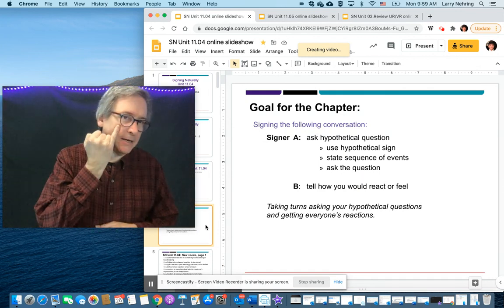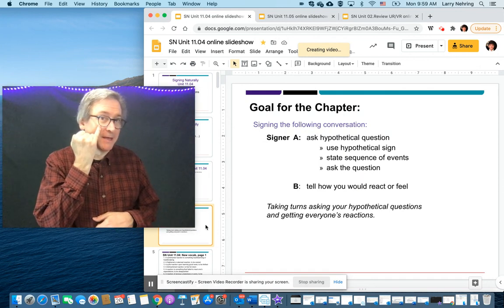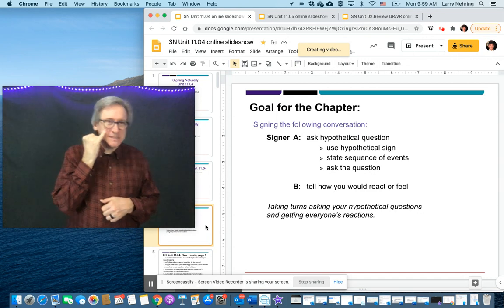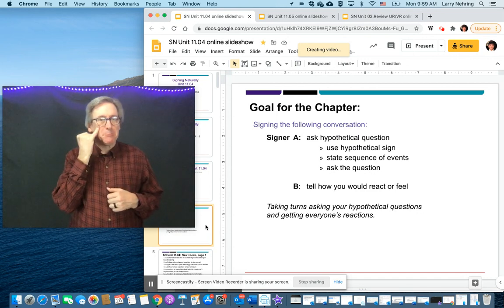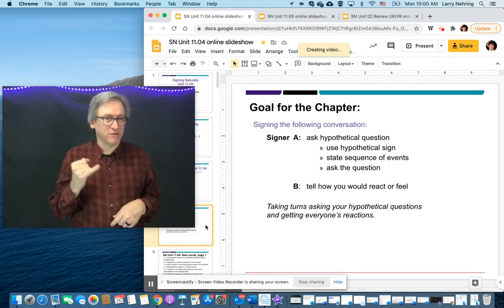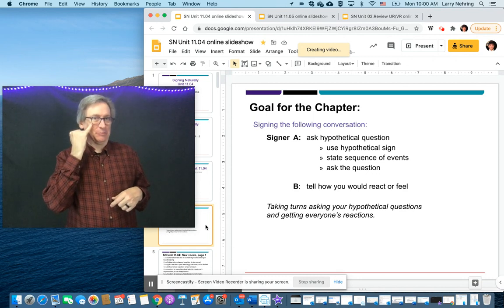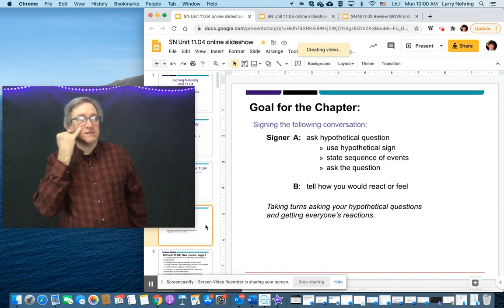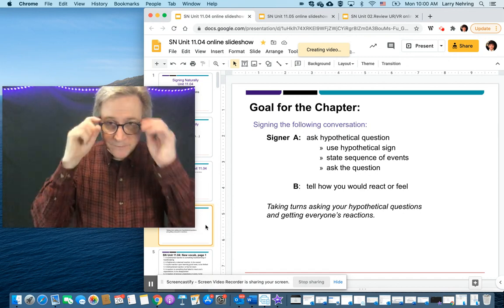So if you take your pinky and put it under your eye, it's like, suppose, imagine if, what if this happened? So suppose, here's the hypothetical question. The book refers to it as asking a hypothetical question, but it's suppose. Is basically the English word we would use.